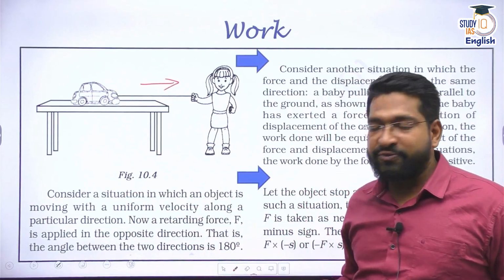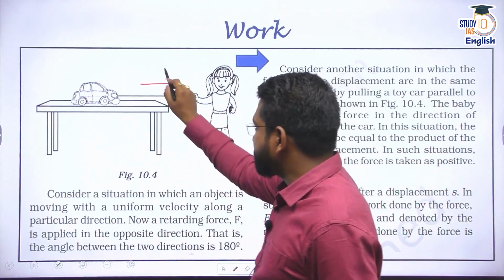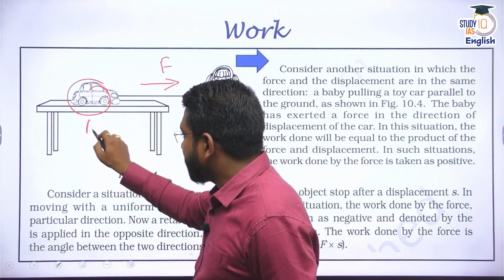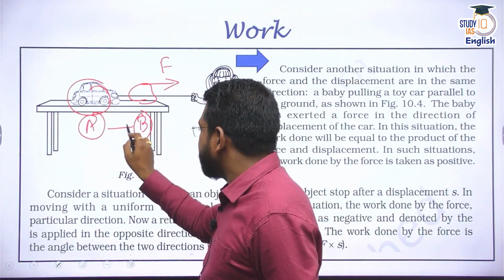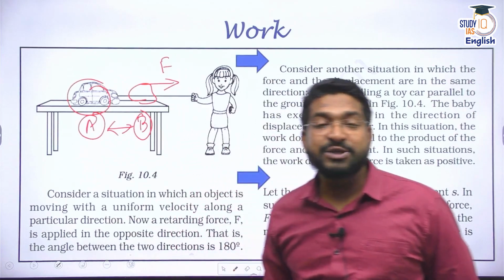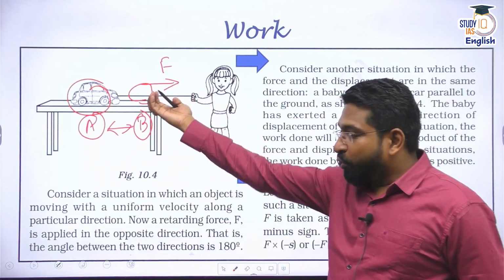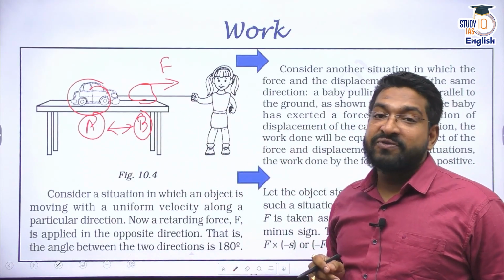We established that force is a push or a pull. So she's applying some force in this particular direction. And you can see that the car is also moving from point A. Say, imagine it moves to point B somewhere here. Then this is the displacement. That means there is positive work being done. It means the force and the displacement are in the same direction. This is called positive work.